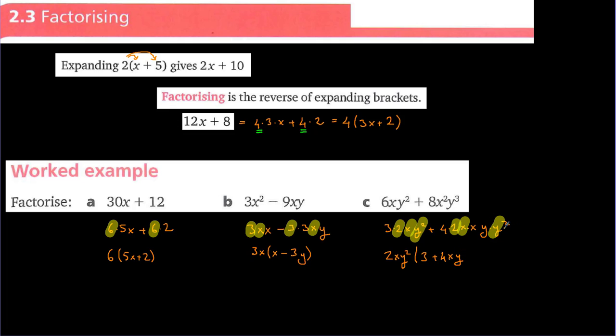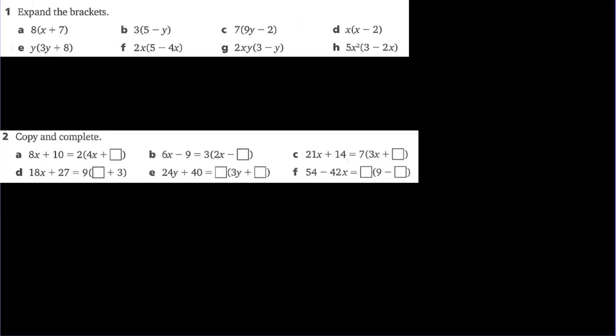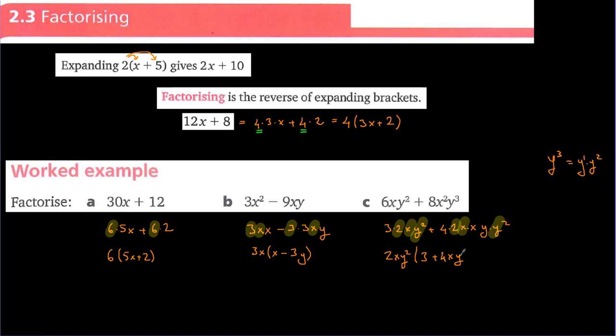You need to be careful here, y cubed is equal to y times y squared, and I'm looking for the common term, so y squared is common in y cubed. Sorry, I forgot to complete here.